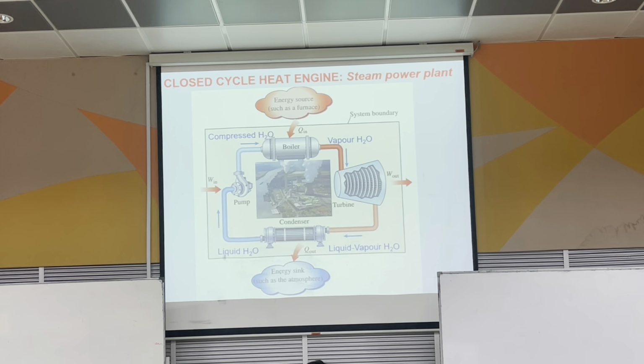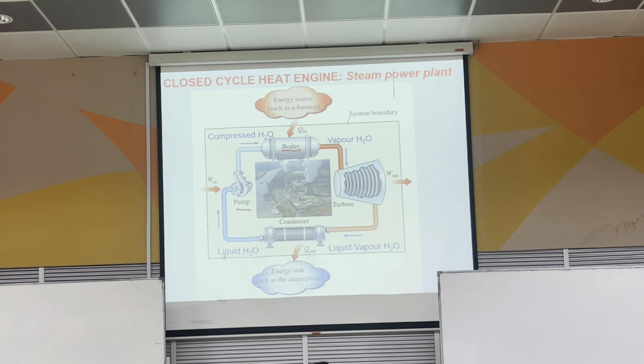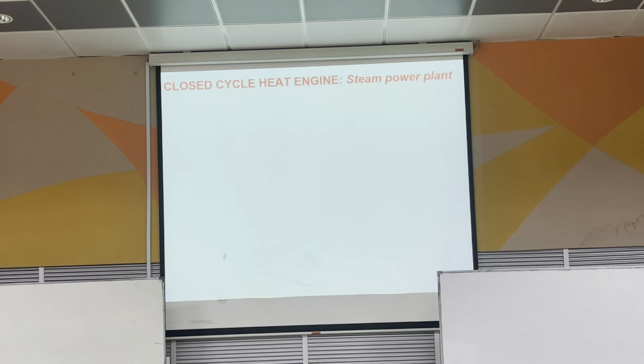Then we have a boiler, which in a way is similar to the fuel just now, just that the fuel mixed with the air. In this case, we're adding heat. Then we still have a turbine that generates work. But here, we have to send the remaining hot water back to a condenser so that we can reject heat. So there's one extra step here.